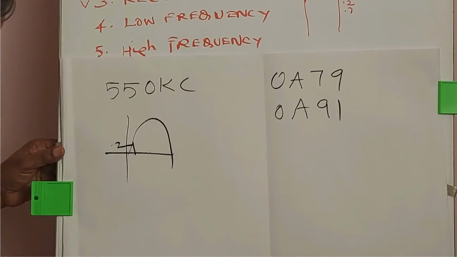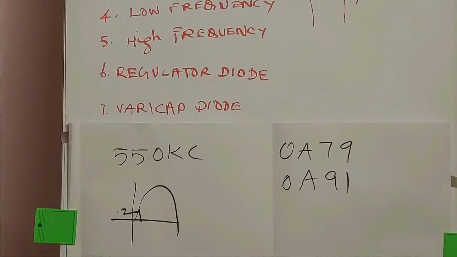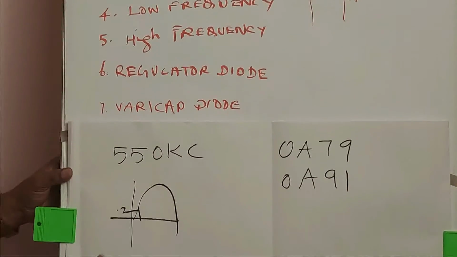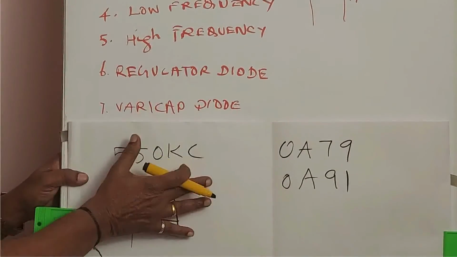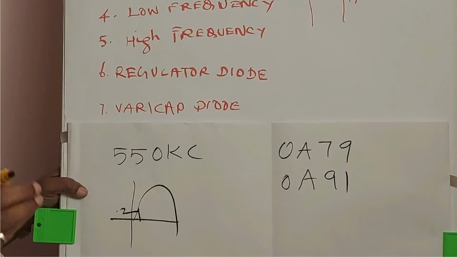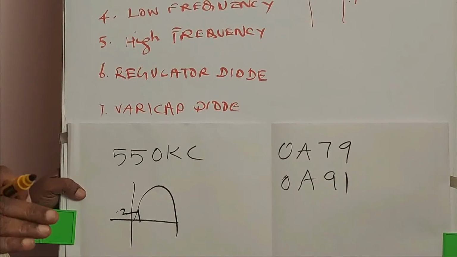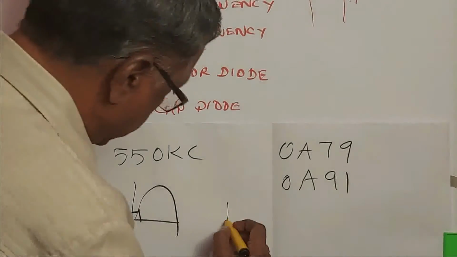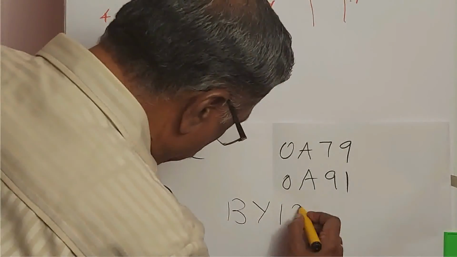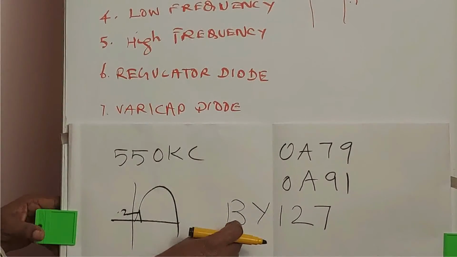After this high frequency diode, I want to give one example which was useful for rectifying low frequency also, which was manufactured for high current capacity. That diode was called BY127. It was a very good diode. B means silicon.